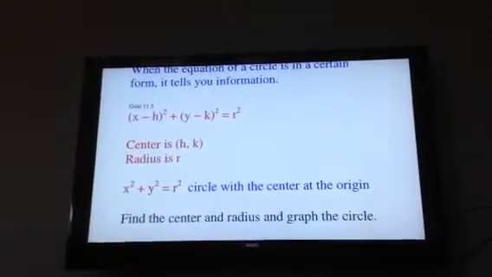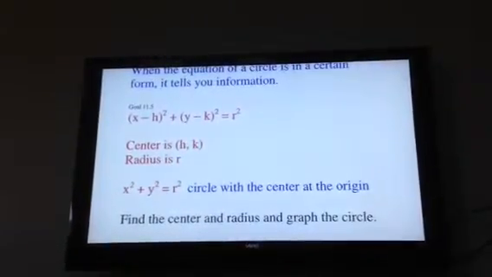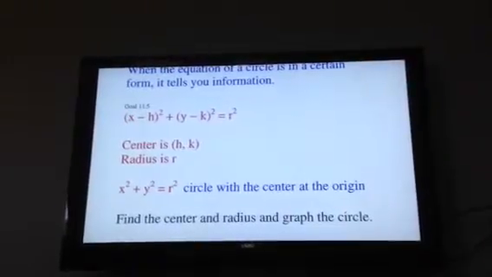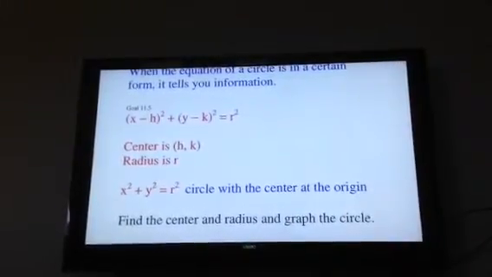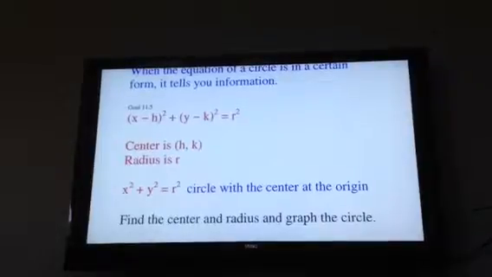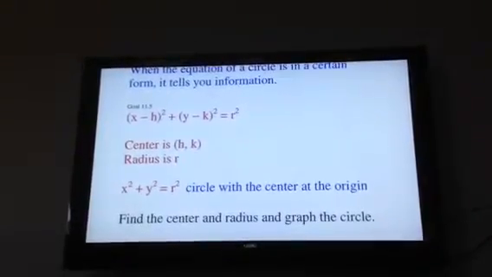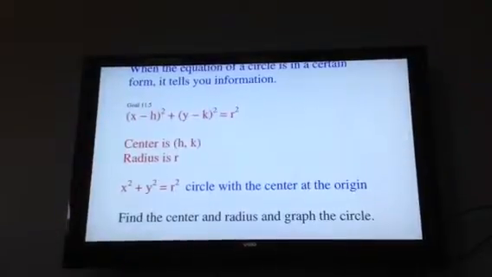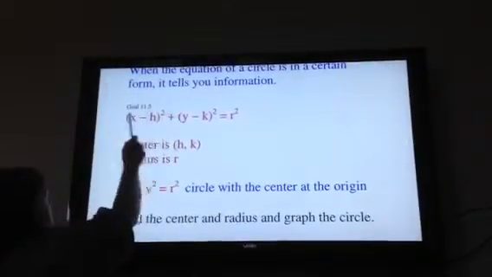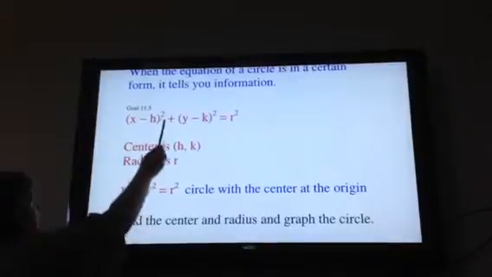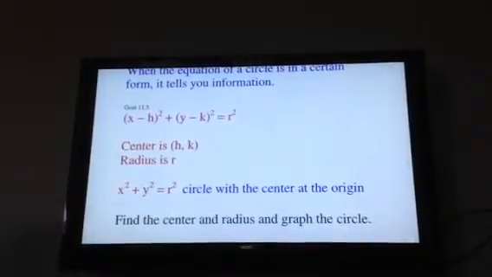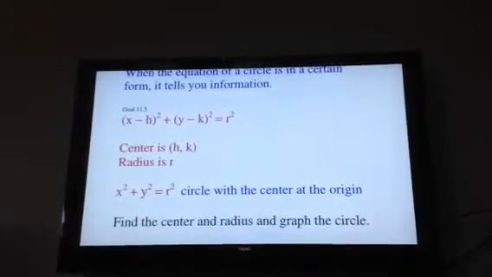Because once you change the coefficients, then it becomes an ellipse, which is kind of like not an egg, not a football, but an oval-like thing. So once you change the coefficients in front of here, when they're not the same, then it becomes an ellipse. And when you change it to a minus instead of a plus, whether they're the same or not, it becomes a hyperbola.